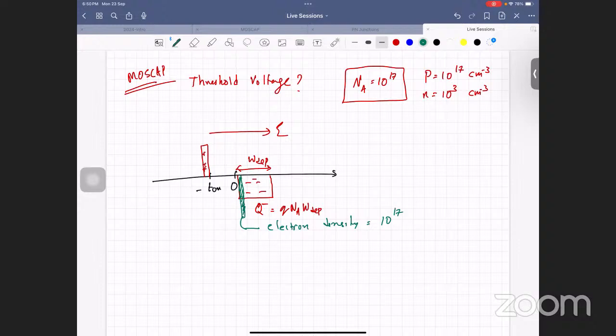Follow? So if you have the inversion charge as much as the bulk majority carrier concentration, then we have inversion. It's actually much more than inversion in this picture, the way I'm drawing it. This is my inversion, exactly equal to the bulk charge. So, threshold voltage only for inversion.